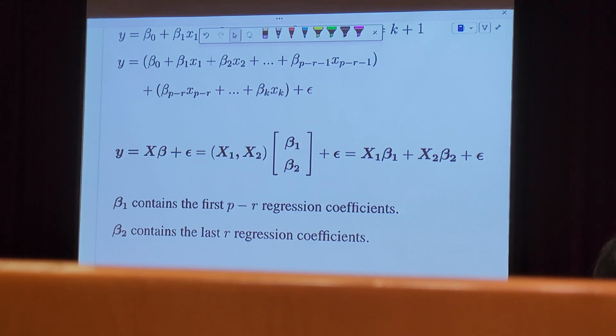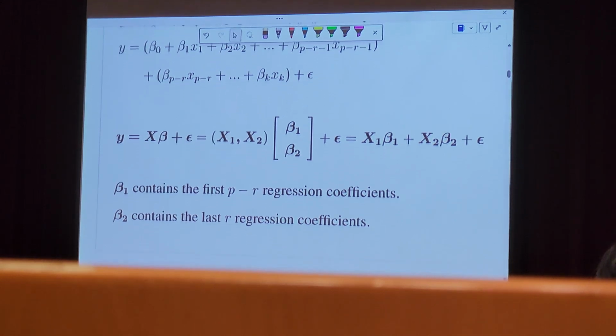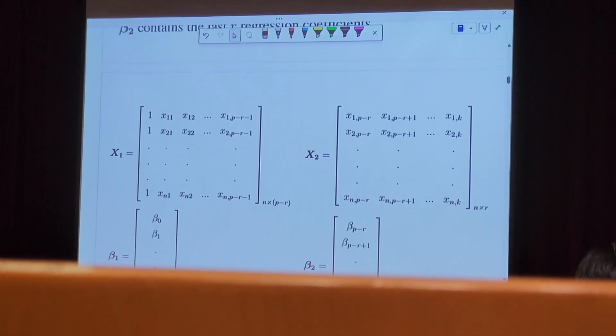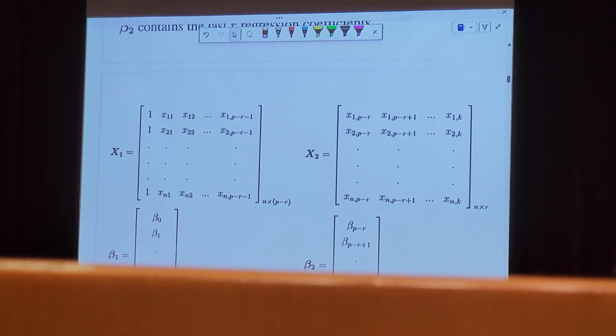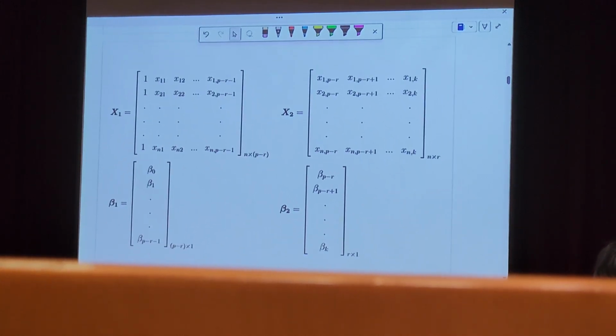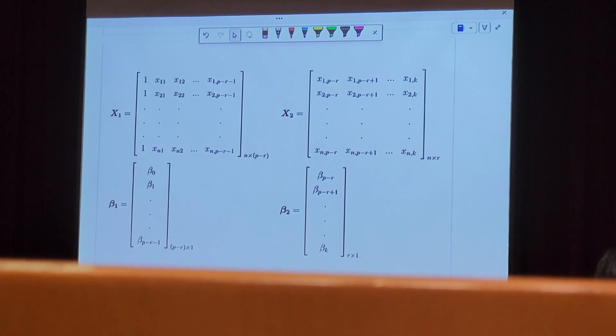So let's try to understand these matrices X1 and X2 better, so that we know what we are doing. If I write it out in full, you will know what is X1, X2, beta 1, beta 2.